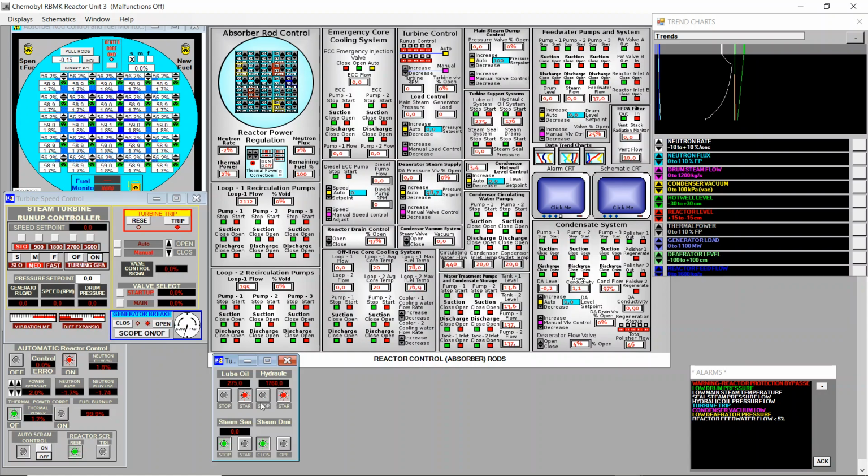Hydraulic systems for the controlling valves. And it seems to reach, yeah, 11,000. Steam drain, and we do not start the steam seal yet. First we need to reset the turbine.